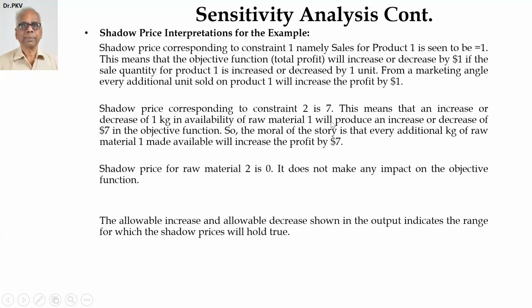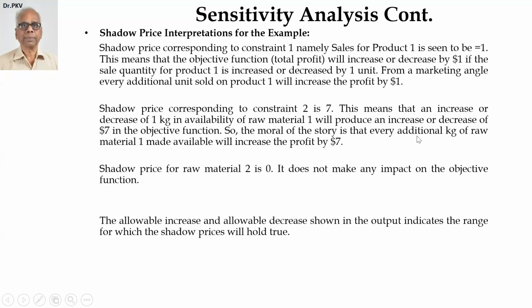Now coming to constraint 2, which is the availability of raw material 1. If you increase the availability by 1 kilogram, then the profit will increase by $7. Naturally, you won't like to decrease availability, so you increase it.